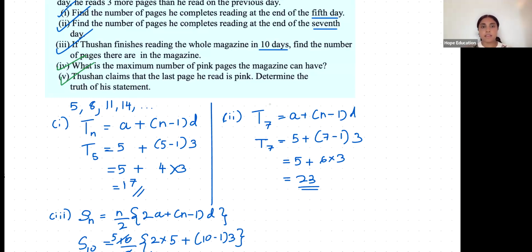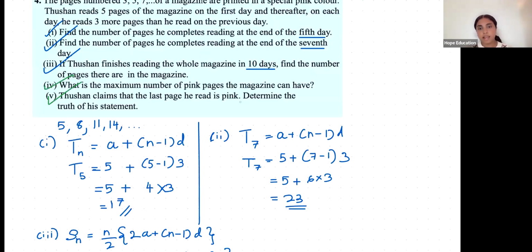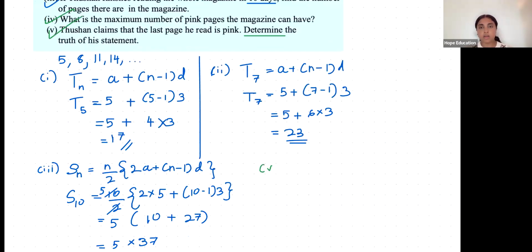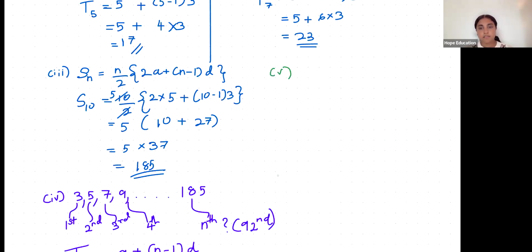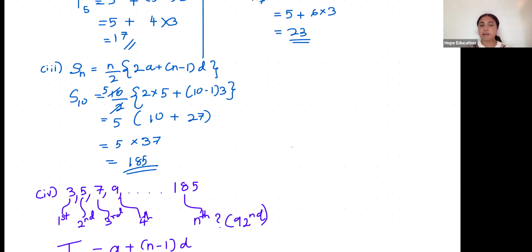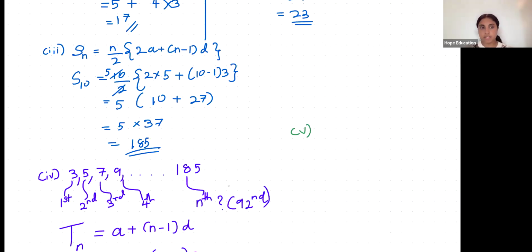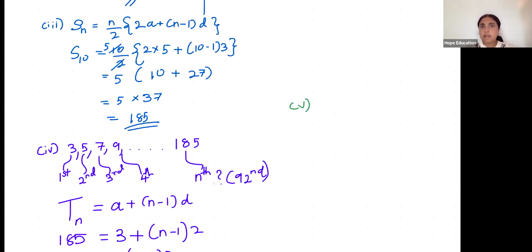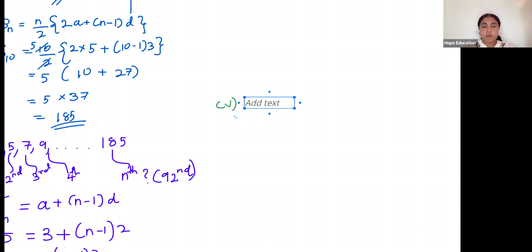Here, children, they only ask you to determine. You don't have to write much. Just simply all you have to write is we already found here that 185 is the 92nd pink page, right? So let's just write a statement like that. It's all about how you write the answer.